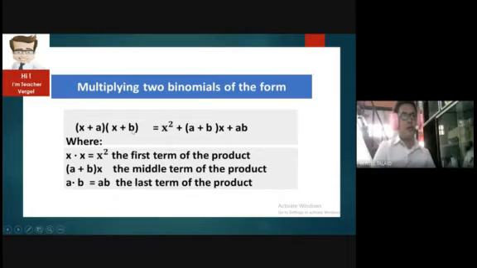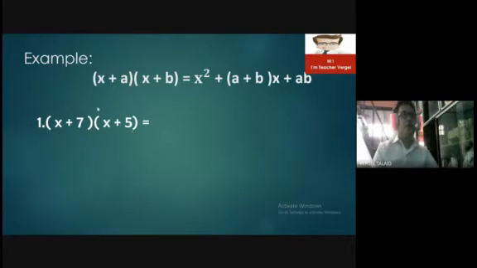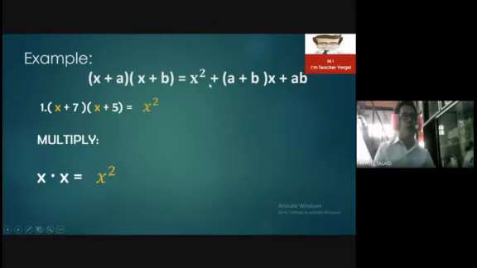So, for example, x plus 7 times x plus 5. We've noticed that this is in the form of x plus a, x plus b. So to get the product, first you multiply the first term, the variable x by x.